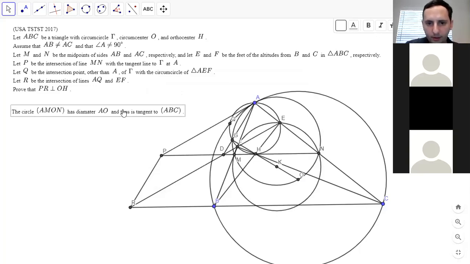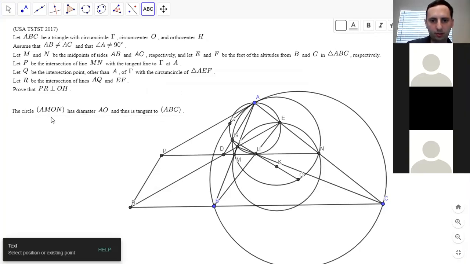MFEN are all cyclic since they all lie on the 9-point circle.